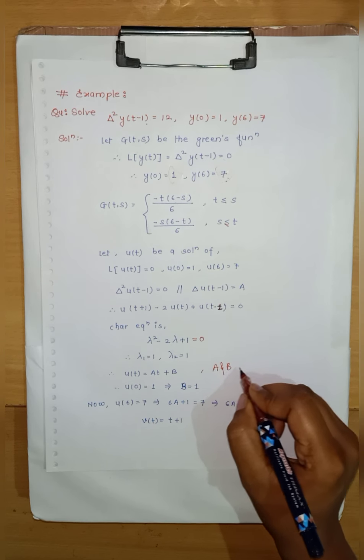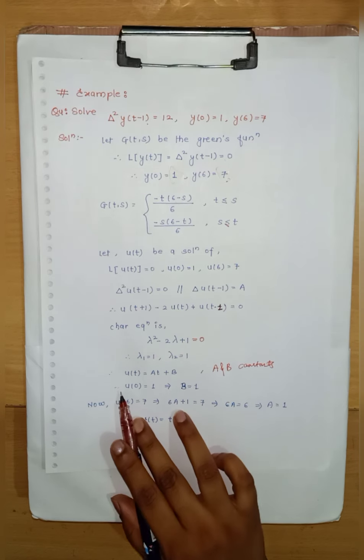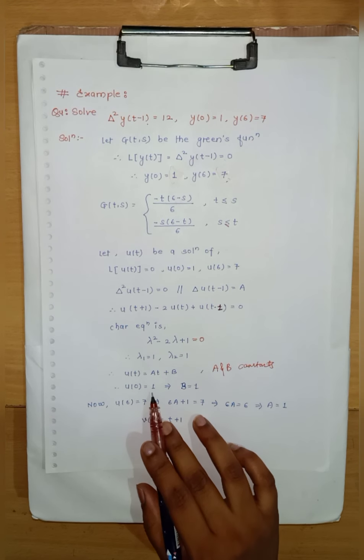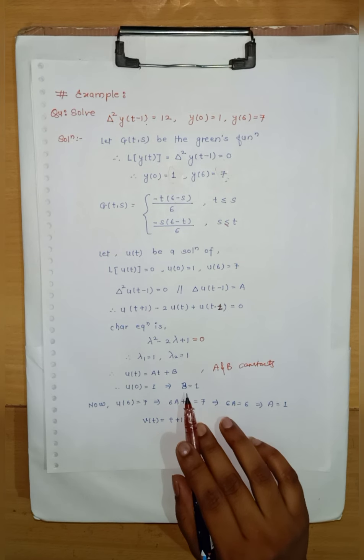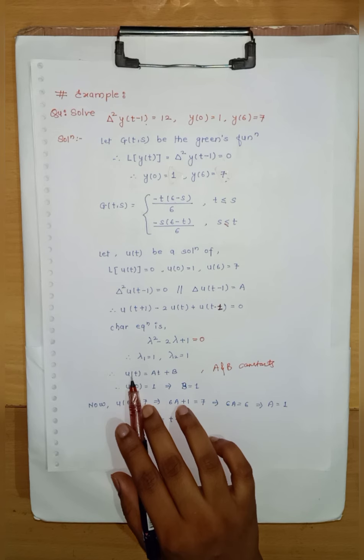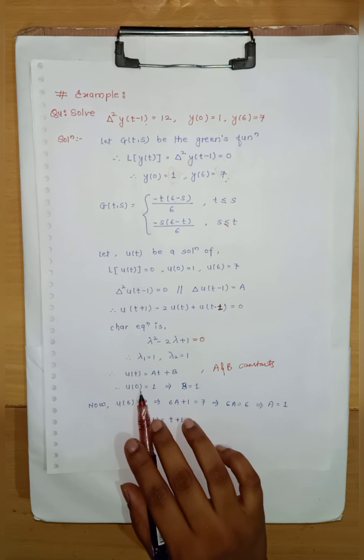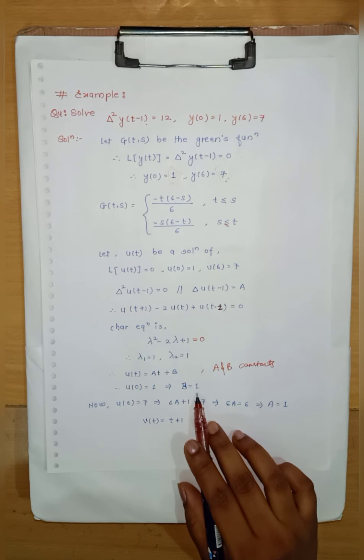Where u(0) = 1. When we put t = 0 in the above equation, we get u(0) = 1. This implies b = 1.